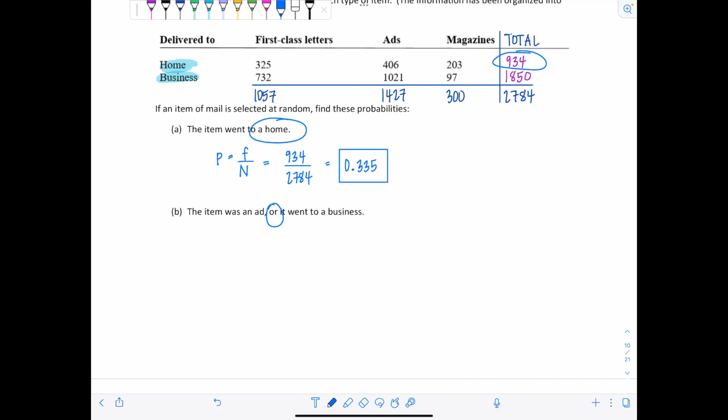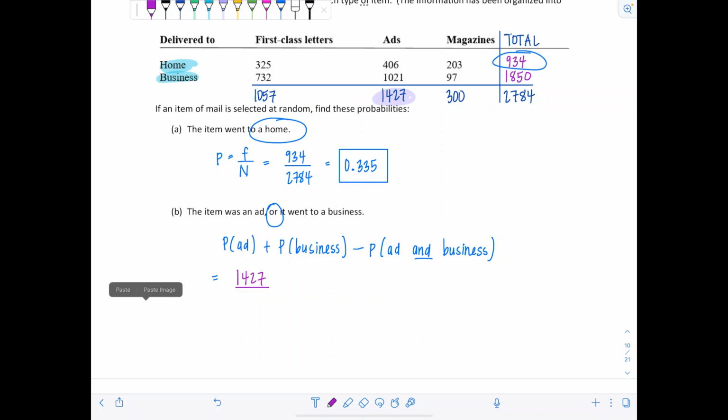Or, so we need the probability that it was an ad plus the probability that it went to a business minus the probability it was an ad and went to a business. Okay, so how many were ads? 1,427 out of 2,784.